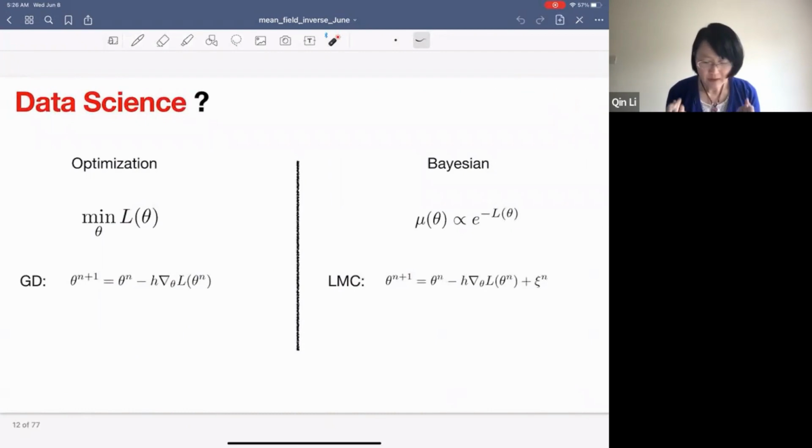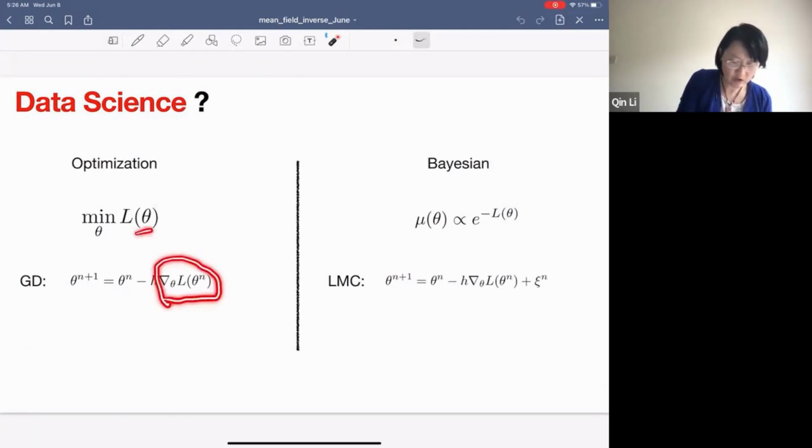So in optimization and Bayesian, there are different algorithms that have been passed down to us from generations ago. For example, gradient descent is the most straightforward optimization technique. Gradient descent says, I currently have one theta, and I know this theta is not the minimum point. So what I'm going to do is to descend according to the gradient of this loss function.